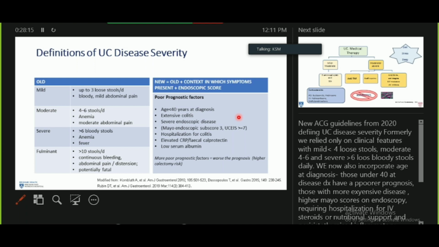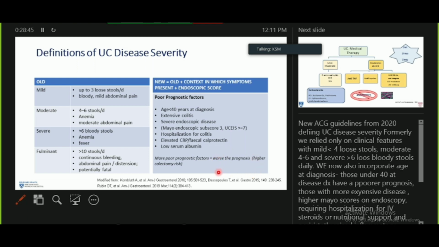So if someone is younger at the time of diagnosis, so if they're less than the age of 40, if they have extensive colitis, like I showed in my previous picture, if they have Mayo Score 3 disease, or they've been hospitalized for their colitis, needing either intravenous fluids or steroids, if they have very high inflammatory markers, and I talked about the low serum albumin, these are really poorer prognostic features and carry a worse prognosis with a higher risk of colectomy.